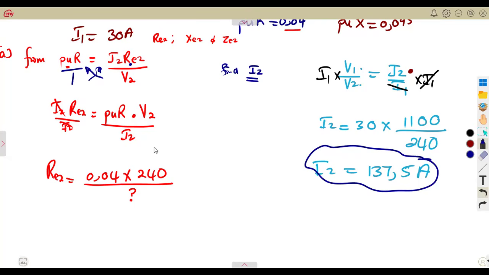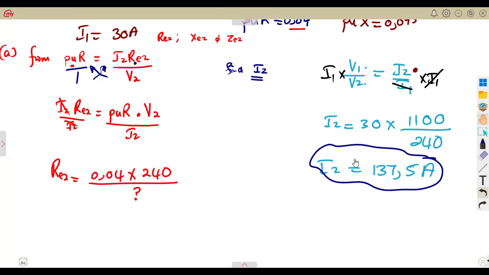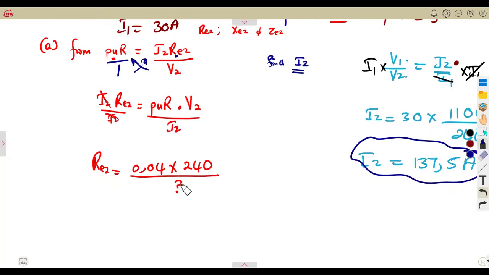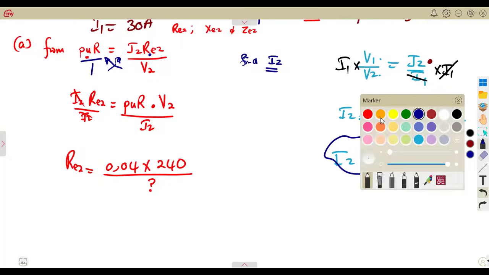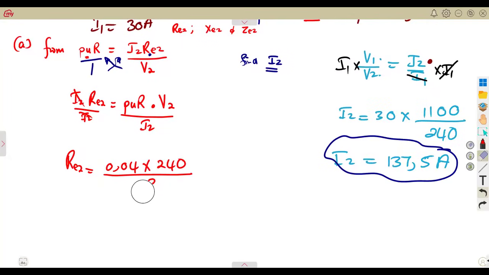Where is it that we need this I2? Remember, it is the one that is missing here in order for us to find the equivalent resistance. So now we simply substitute the I2 that we calculated, 137.5 amps. That gives us the equivalent resistance of 0.07 ohms, considering the secondary side.